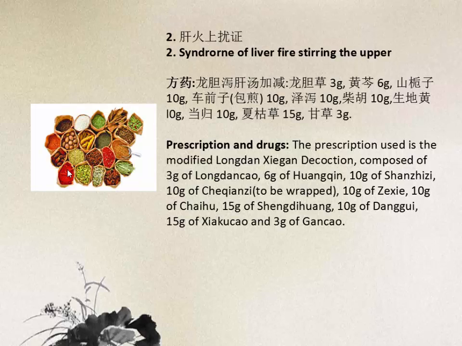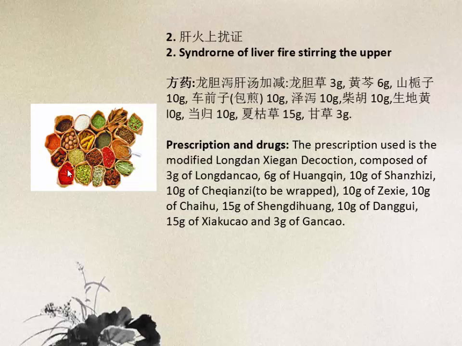Chai Hu clears heat, soothes the liver. Sheng Di cools the blood and nourishes yin a little bit. Dang Gui guides to the liver, and is a blood nourishing and blood moving herb. Usually with liver heat there may be some constraint because of the function of the liver to soothe the qi. Dang Gui helps to move that a little bit.